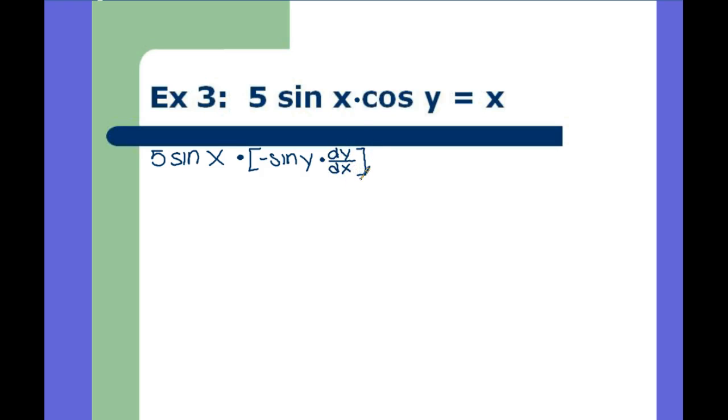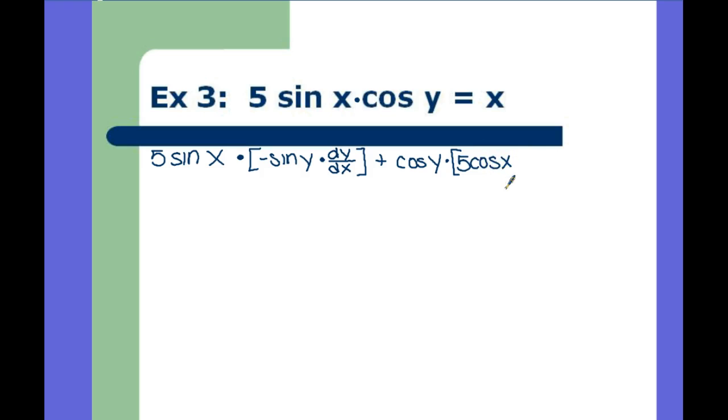Yes. That's why I say it's so important to put the dx/dx's, because otherwise we tend to forget the dy/dx's when the angle is a y. So it's first times derivative of second times derivative of the inside, which is dy/dx, plus the second times derivative of the first. So derivative of 5 sine x becomes 5 cosine x.